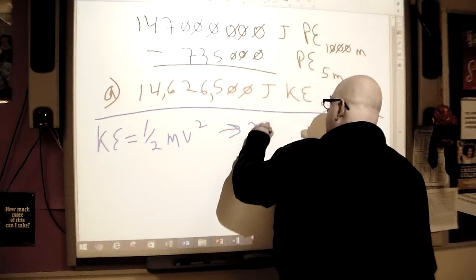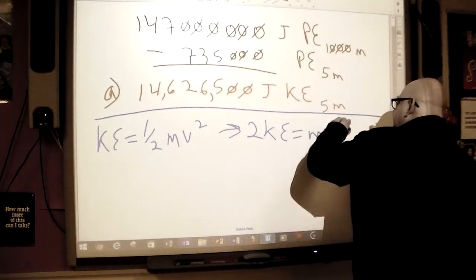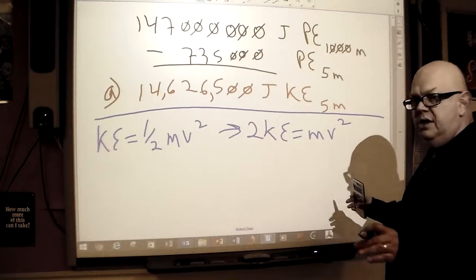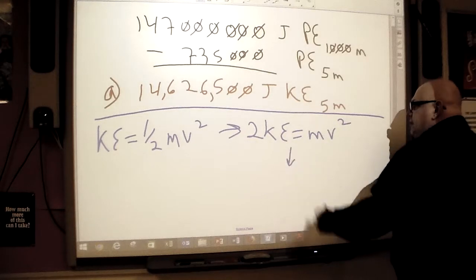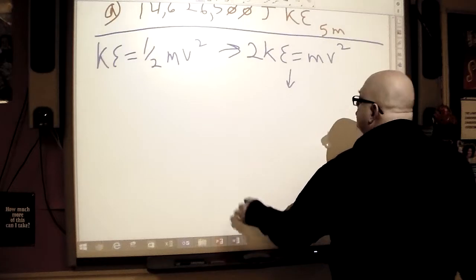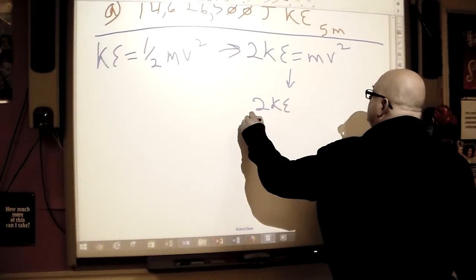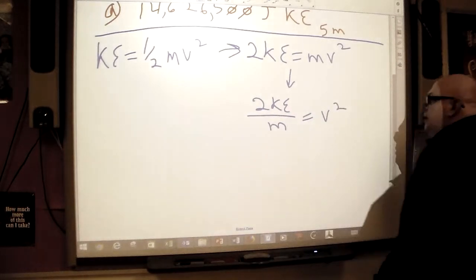So I get 2 times the kinetic energy is equal to mass times velocity squared. Notice I'm not plugging in the numbers yet. I'm just working through the formula. I'm going to go down here and divide both sides by mass. So I get 2 times the kinetic energy divided by the mass is equal to the velocity squared.